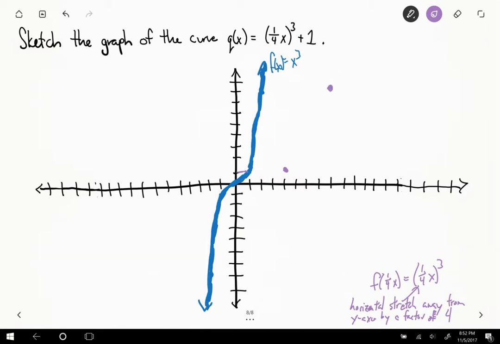And in a similar manner, we can do that on the negative side. So if this distance is 1, we have to go 4 units. So we'll go out here. And if this distance is 2, that means we'll have to go 8. So 5, 6, 7, 8. And now we're kind of ready to draw our graph.